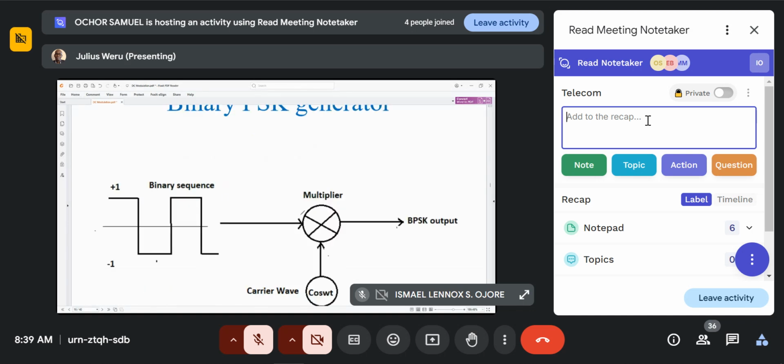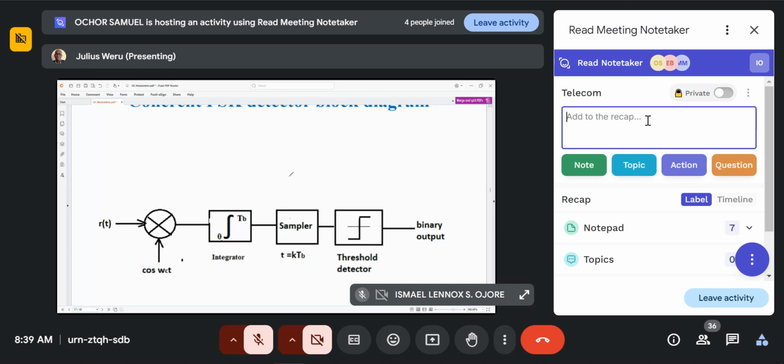You can see here we're simply using a multiplier, and here we have your binary sequence, which is represented using non-return to zero. So we are using the same multiplier as in the ASK, but in this case we are using non-return to zero as opposed to return to zero in the case of ASK.